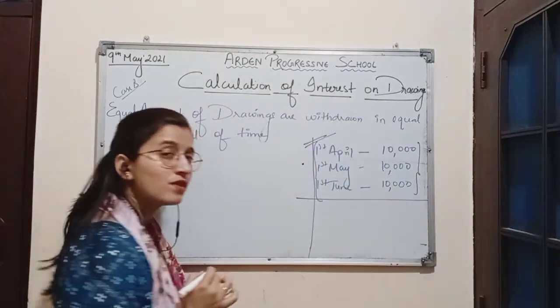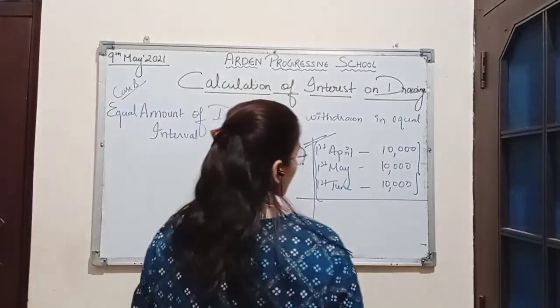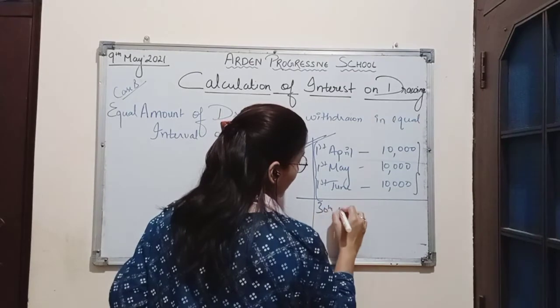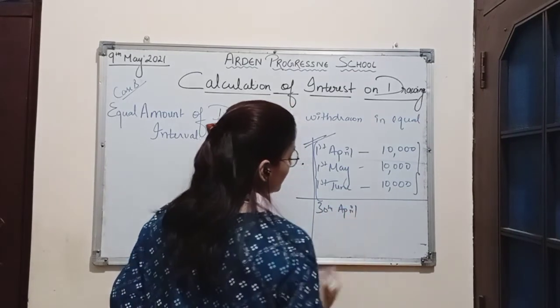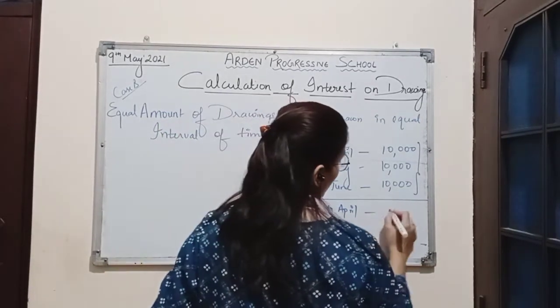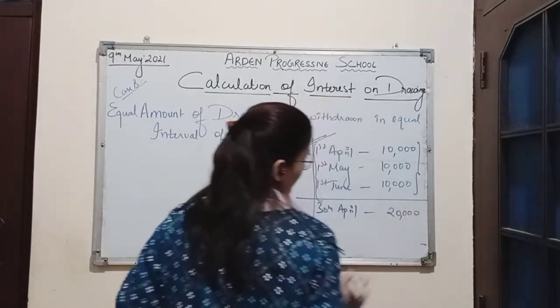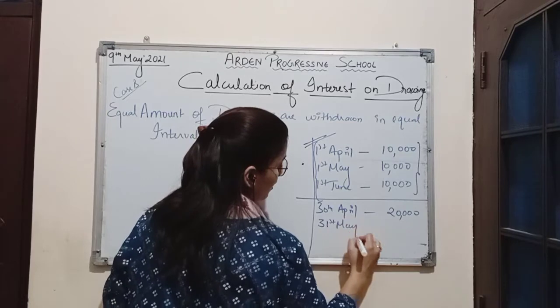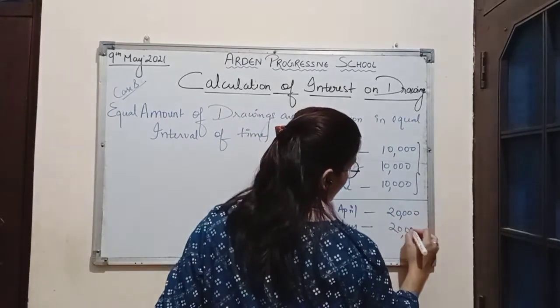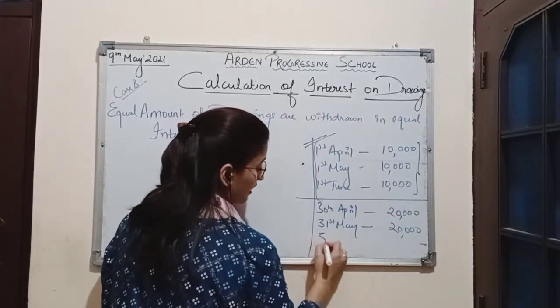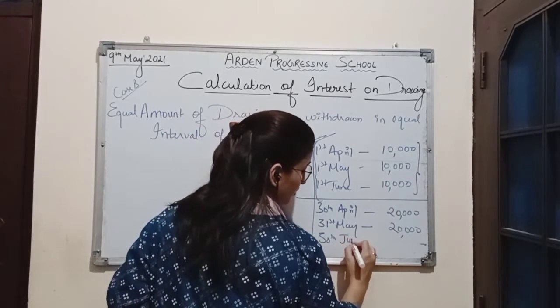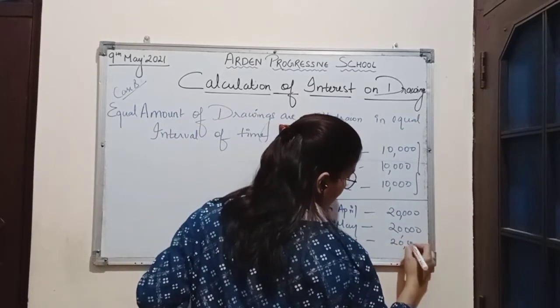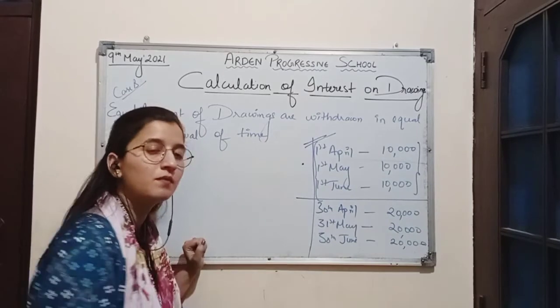There can also be a situation where the partner withdraws the amount at the end of every month. For example, on 30th April he withdraws rupees 20,000, then on 31st May again 20,000, then on 30th June again 20,000 is withdrawn by the partner.